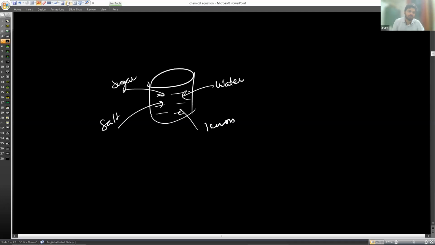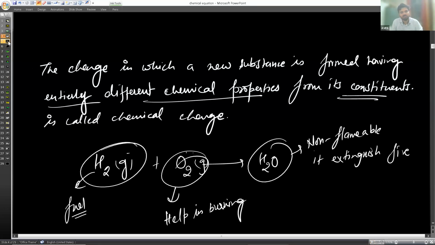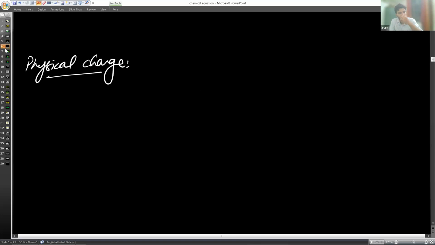So what is a physical change? A chemical change is a change where a new substance with entirely different properties is formed.